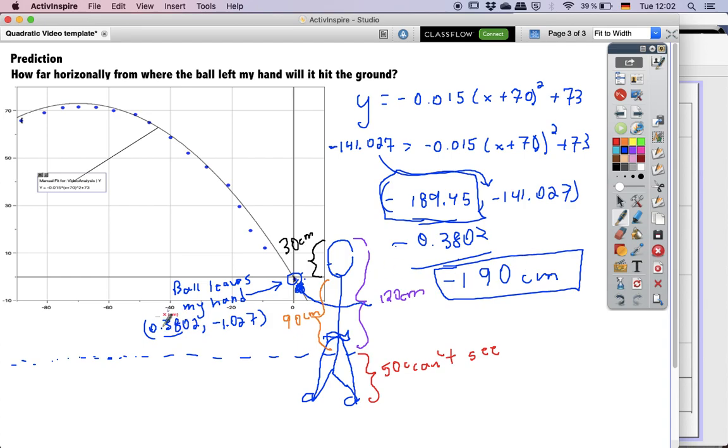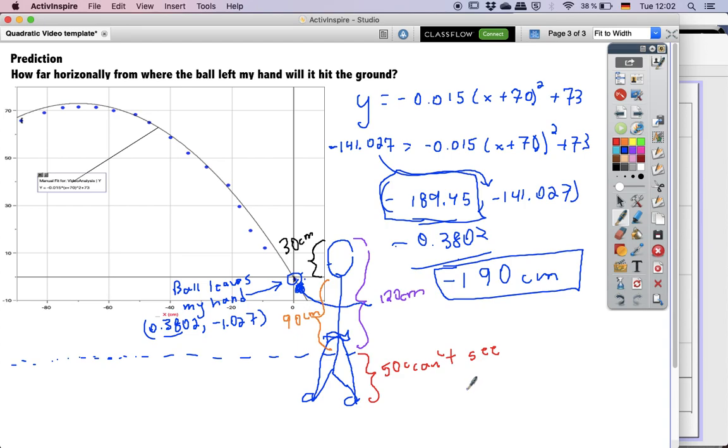Good, because this little guy here is to the right of the origin placement, this vertical line here, and minus 189 is over here, so you need to add those two together. So the ball traveled 190 horizontally before it landed on the ground.